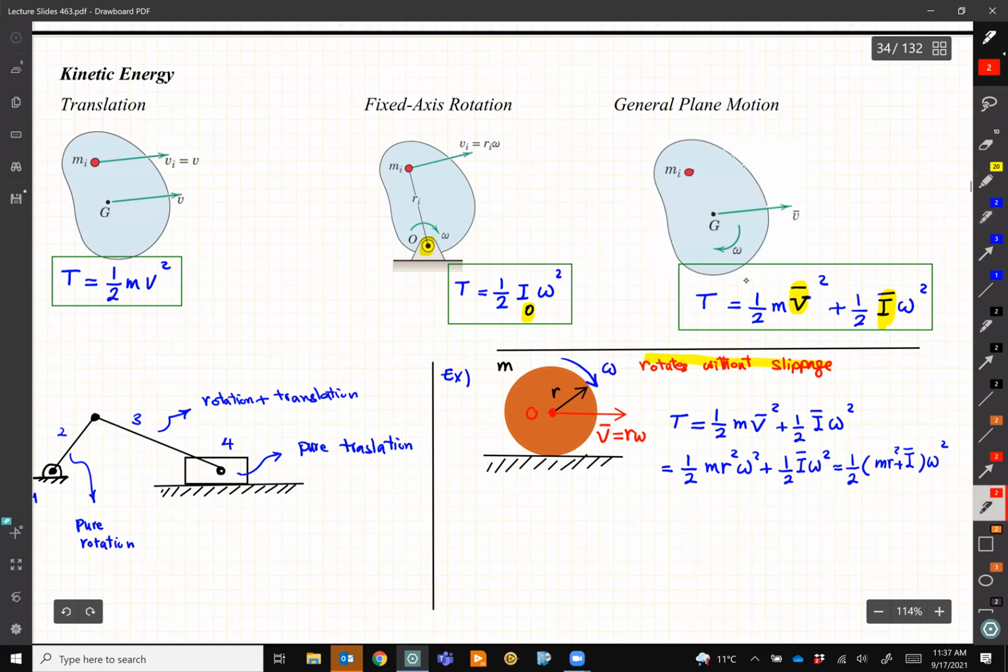From the parallel axis theorem, we know I bar plus M R squared, if I call this point C, is I C. So for a disk, I can conclude that if a disk rotates without any slippage, then simply T will be half of I C omega squared.